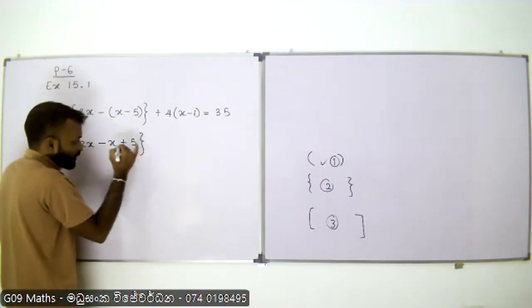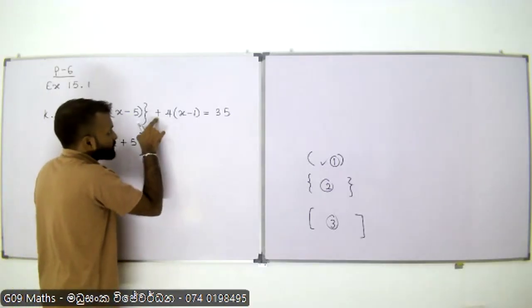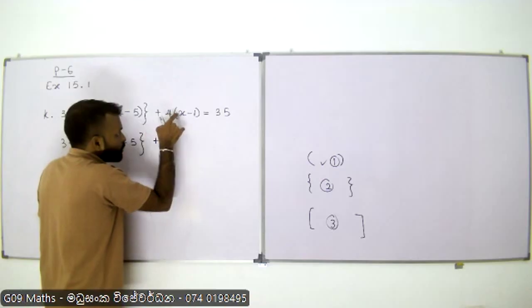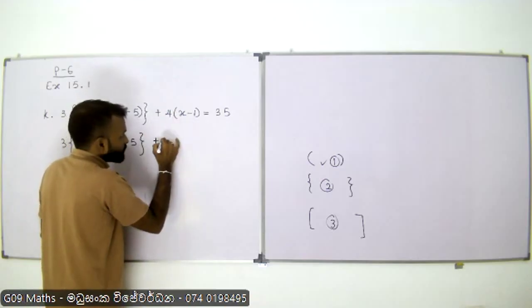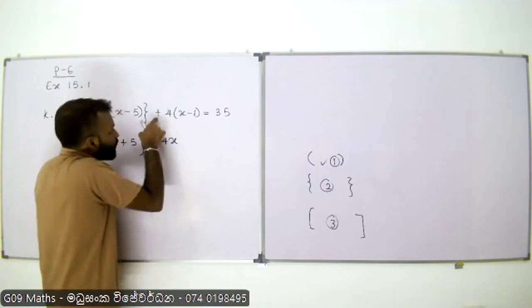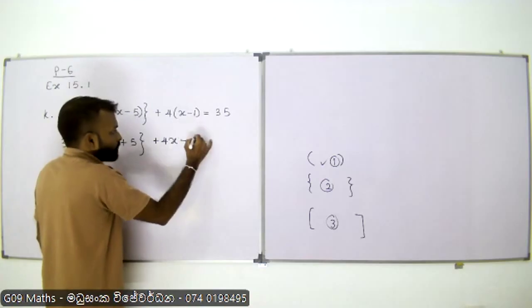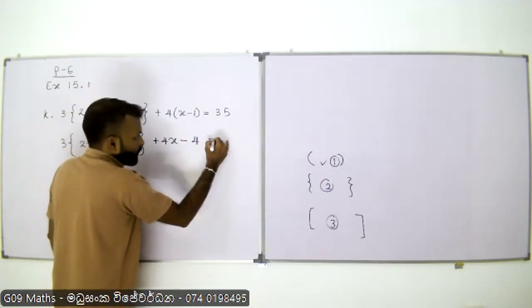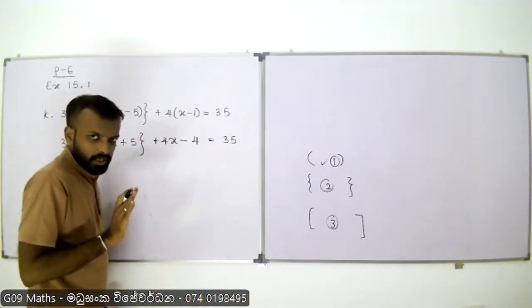Close curly bracket. Now here you have a plus sign. Positive into positive, 4 times x, 4x. Positive into negative, 4 times 1, 4. Equals 35.